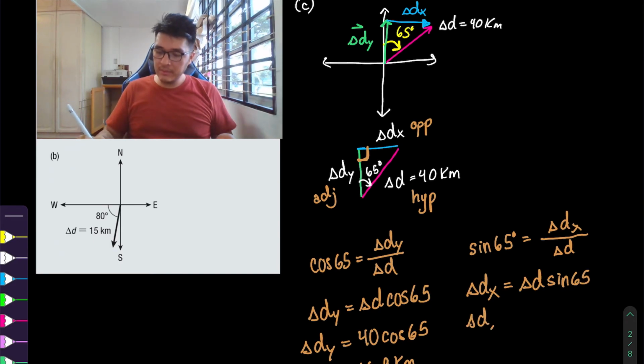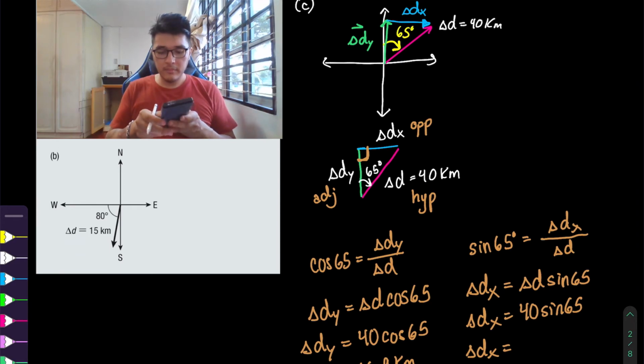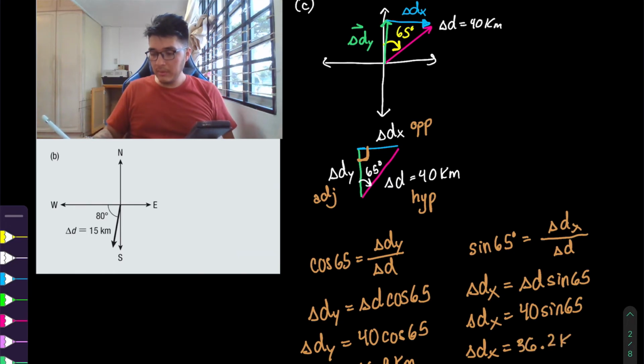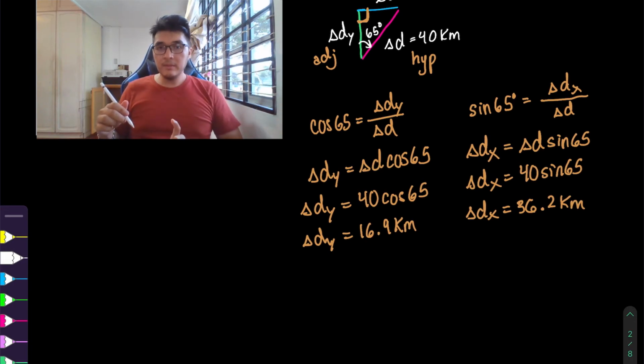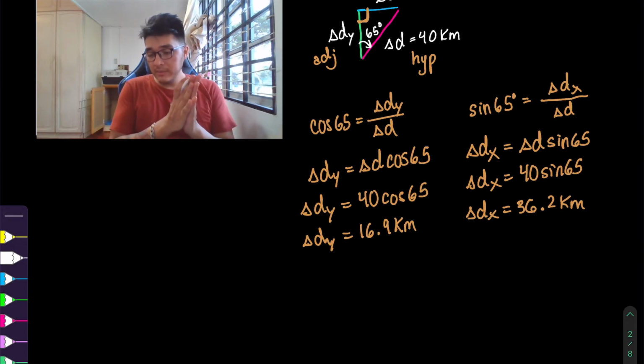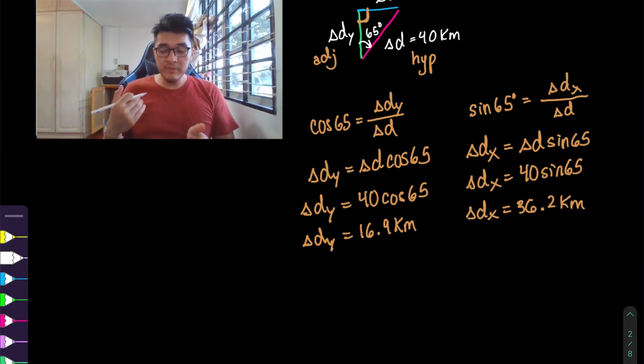So plugging this in, 40 sine 65, which is 36.2 kilometers. So the key takeaway here then is if the angle is given closest to the y-axis, then we can't use the previous strategy.